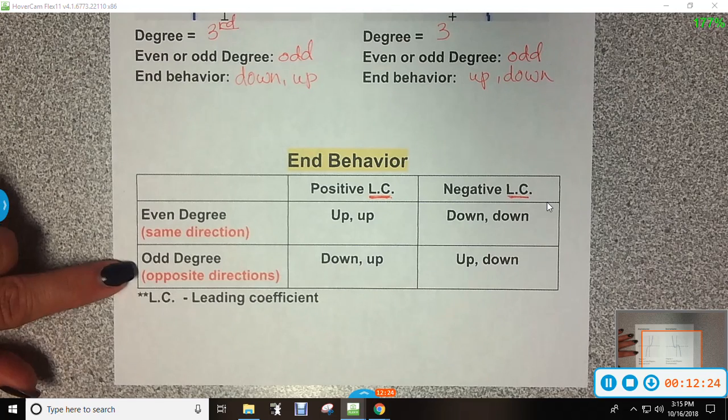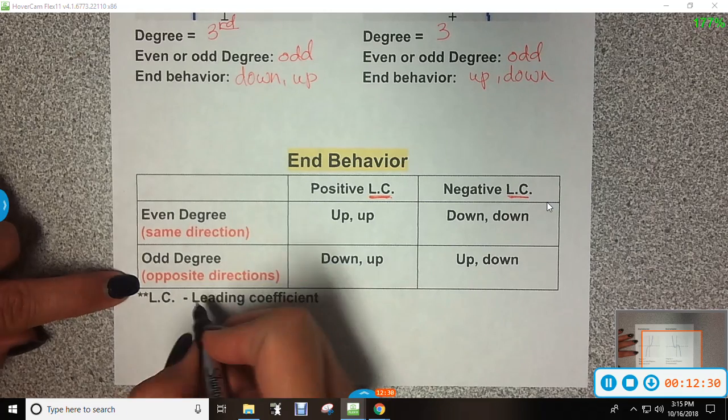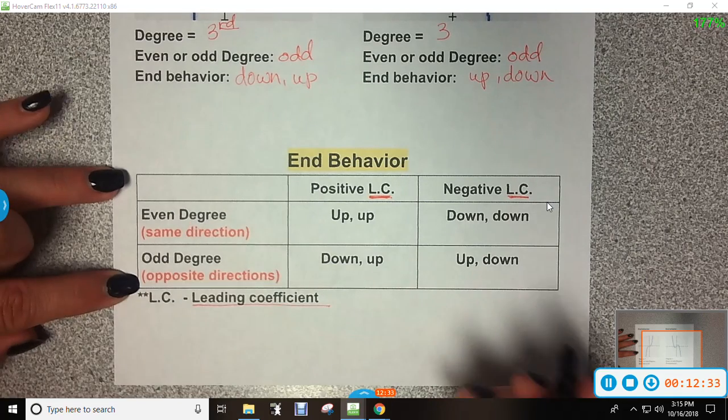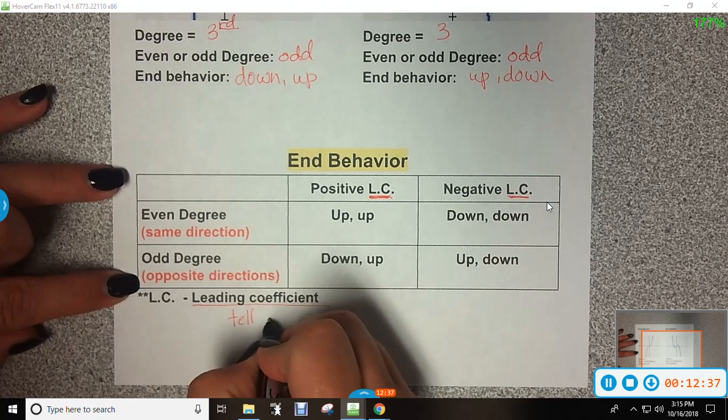For the odd degree, I know the left side and the right side are going to go opposite directions. So here's what you need to know about the leading coefficient for that. Okay, the leading coefficient tells about the right side.